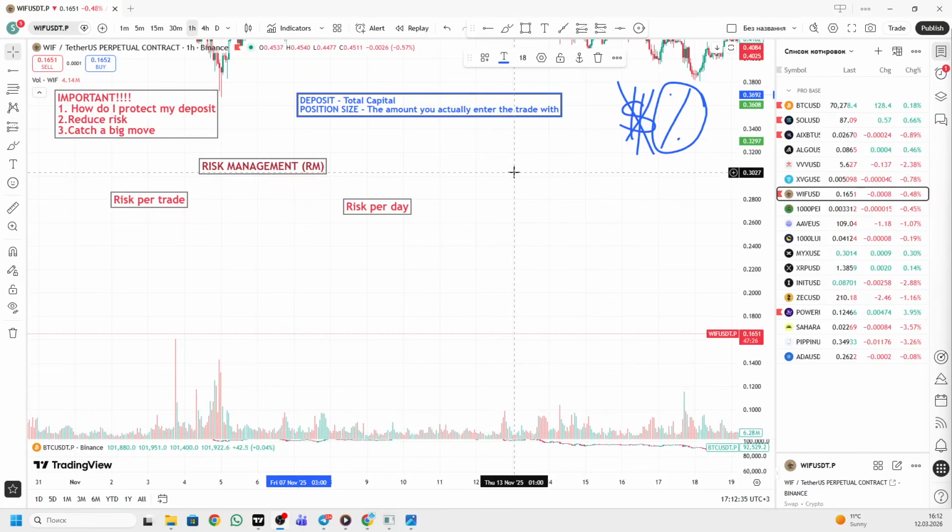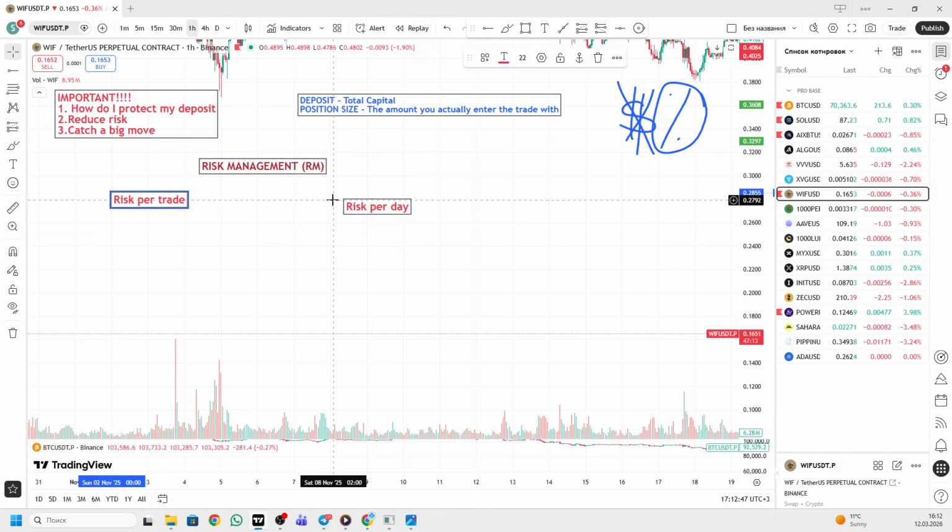I hope that's clear. Now, in our school, the standard risk per trade is 0.8%. Let's write this down as well. 0.8%.